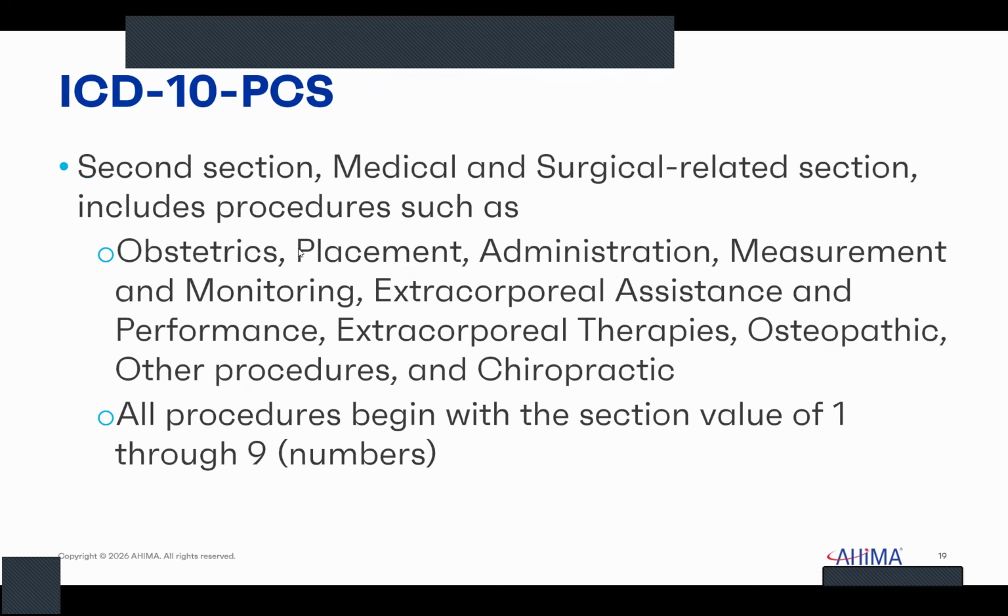The second section, medical and surgical related section, includes procedures such as obstetrics, placement, administration, measurement, monitoring, extracorporeal assistance, performance, extracorporeal therapies, osteopathic, other procedures, and chiropractic. All of these procedures will begin with the section value of 1 through 9.